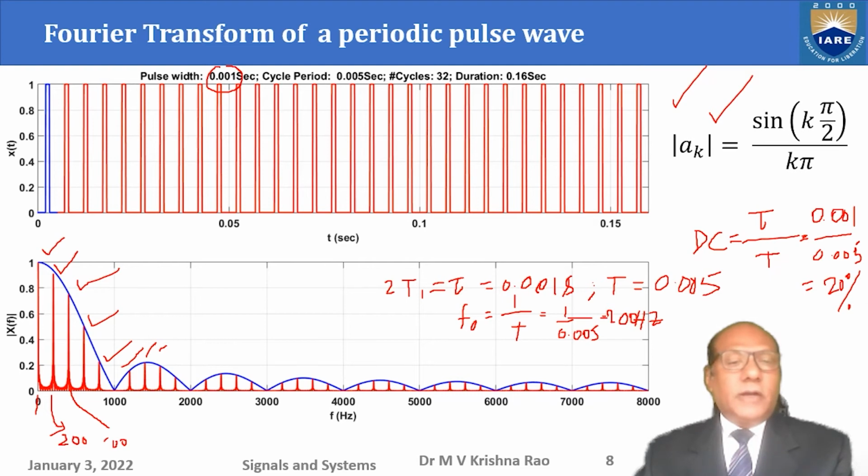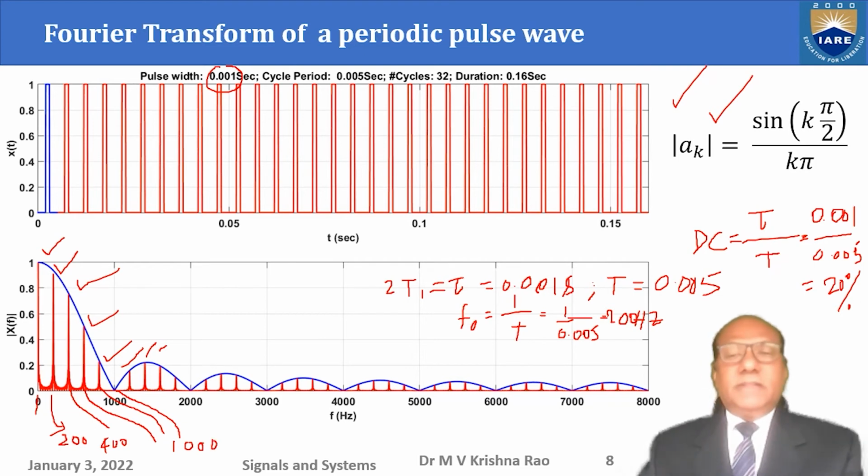This is 400, then this is 600, this is 800. So the first null is at 1000. This is 1000, first null.